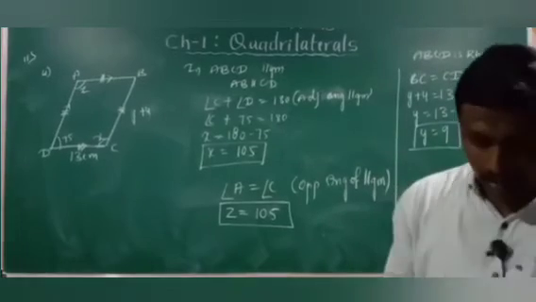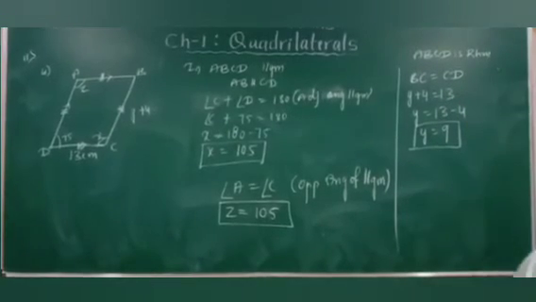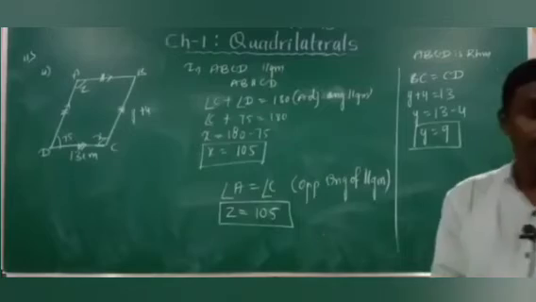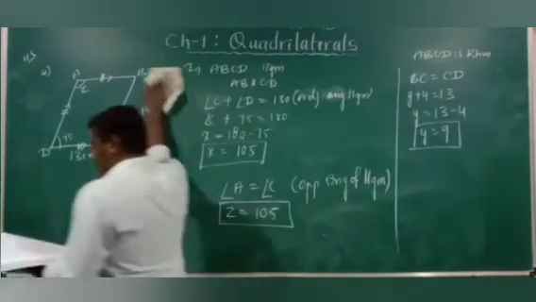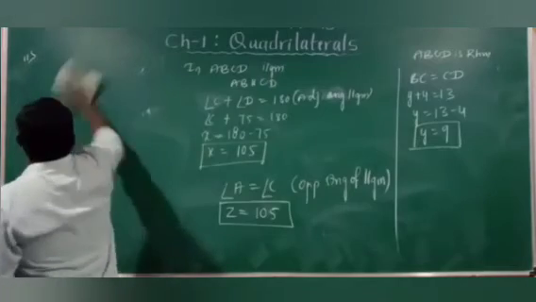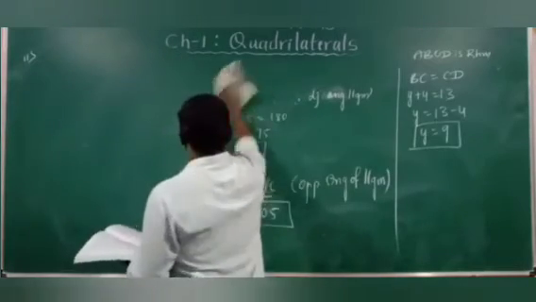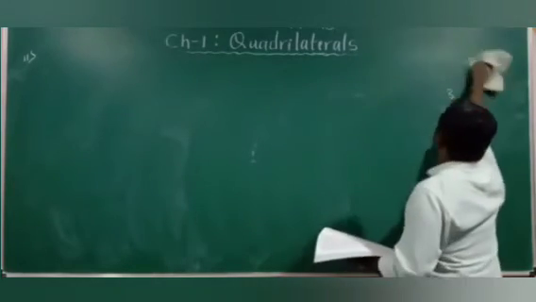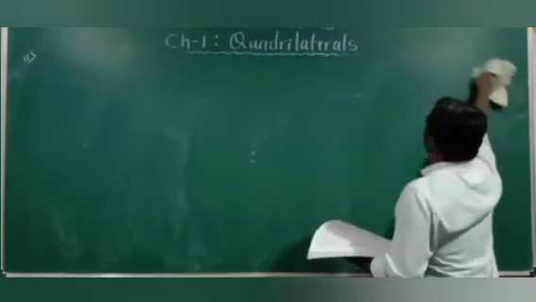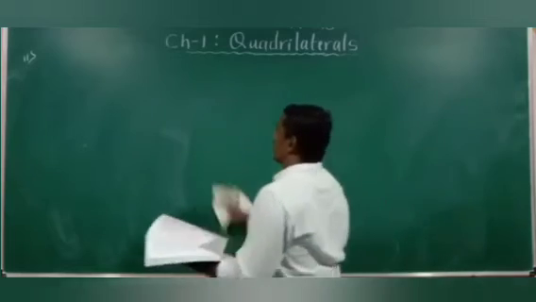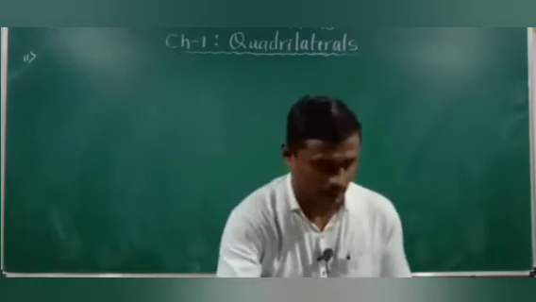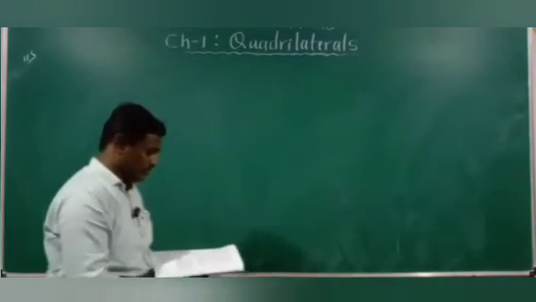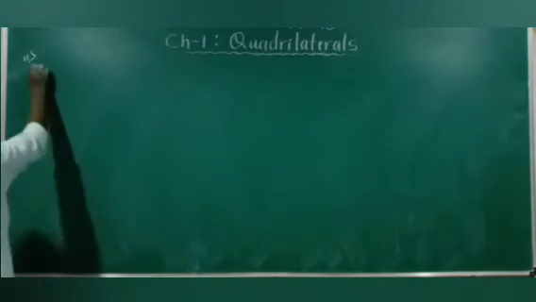Okay. Next one, let's see the last, 8th question. The remaining questions are similar only, so just try to solve the remaining questions. If they are giving a square here, the each angle of square is equal to 90 degree. Okay, I'll take the 8th question.